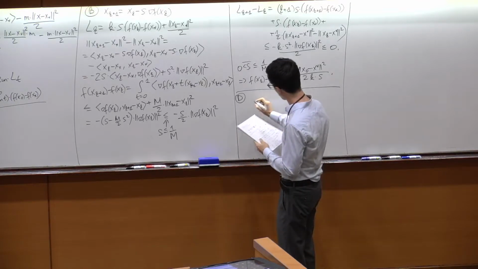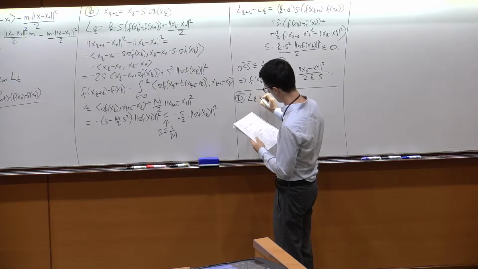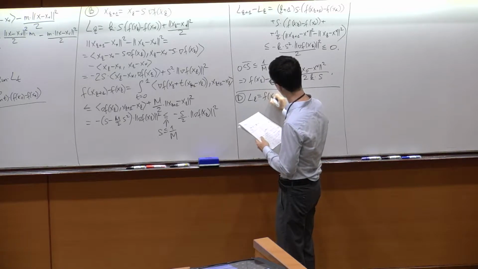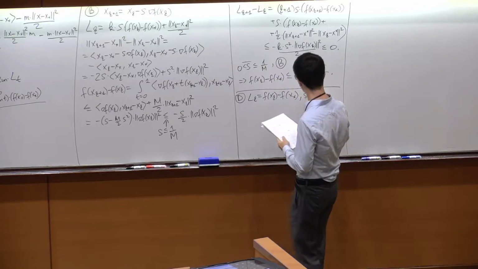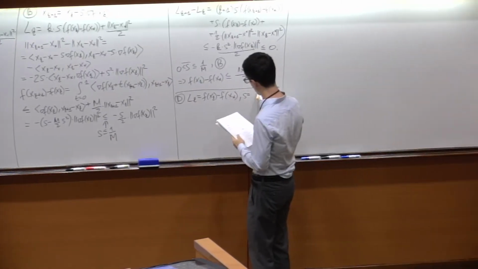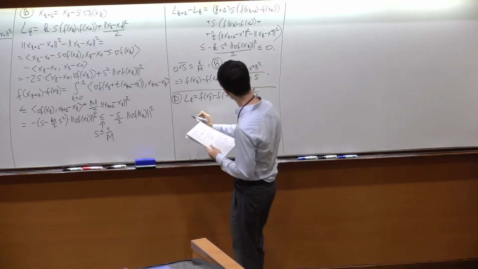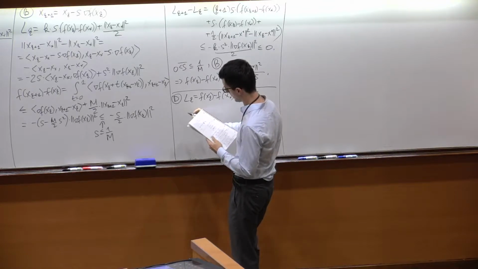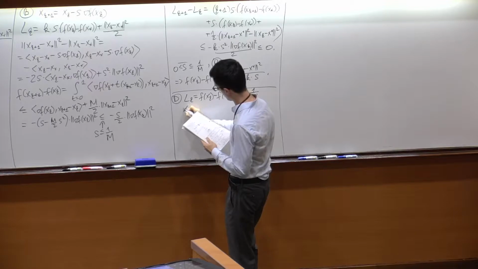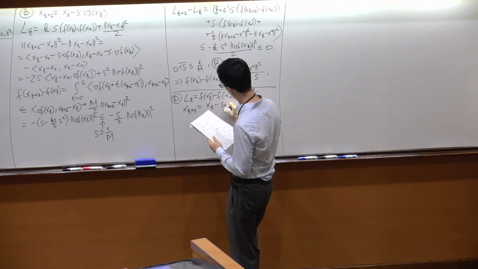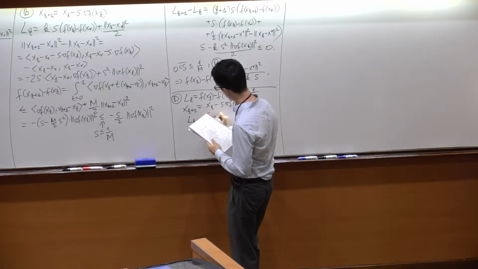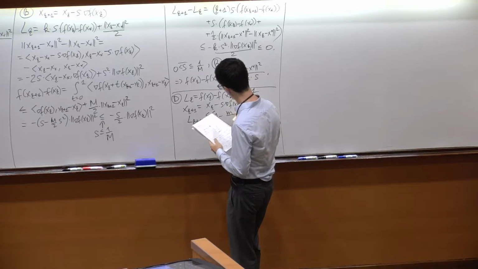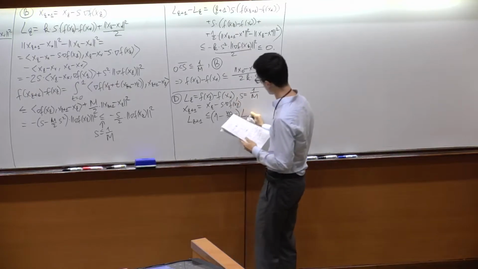Again, you will have Lk as f xk minus f x star, and you choose s to be 1 over M. Then it's possible to show that for the gradient descent, you have Lk plus 1 less than or equal to 1 minus small m over 2 capital M times Lk.